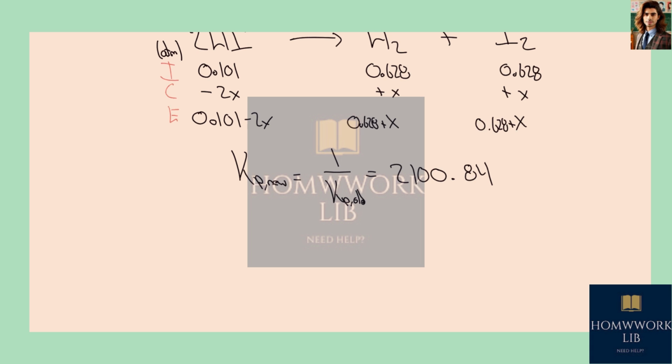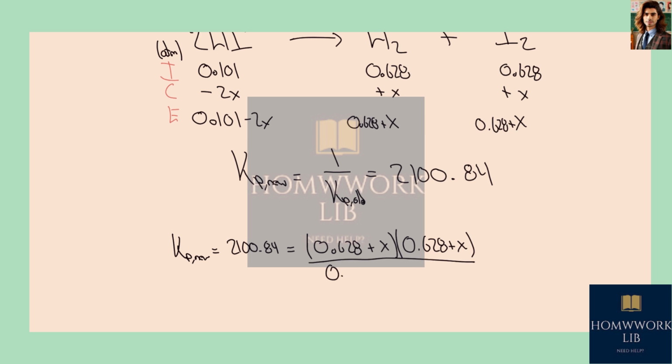Sorry about that. So now this new value for Kp is going to be equal to 0.628 plus x times 0.628 plus x, divided by 0.101 minus 2x, squared. This comes from the equilibrium pressure of H2 times the equilibrium pressure of I2, divided by the equilibrium pressure of HI squared.